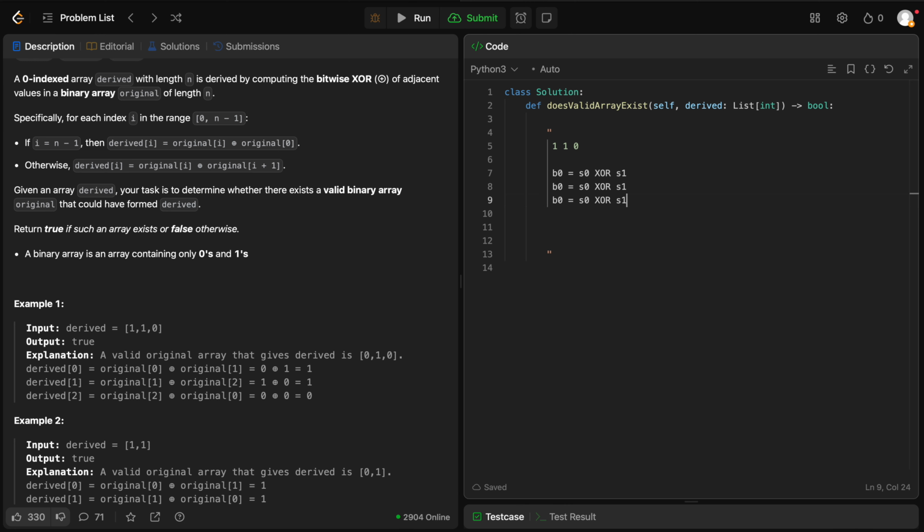Let's write it on this example, maybe like this.